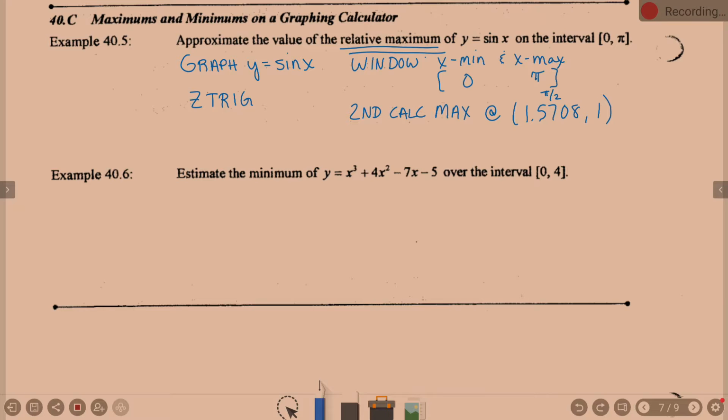It really is. Now, the question is, approximate the value of the relative maximum. What is my maximum value here? 1. Okay, so the value of the relative max is 1.